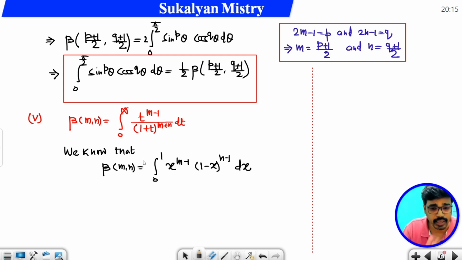Now what do we do? We put x equal to t by 1 plus t.